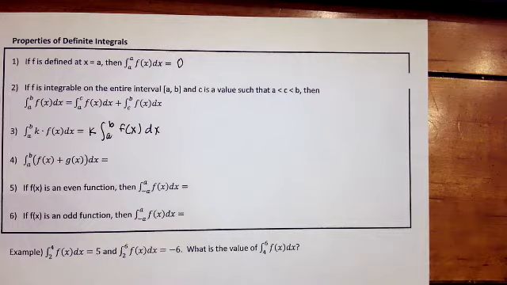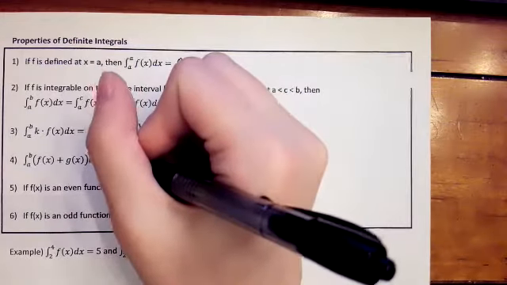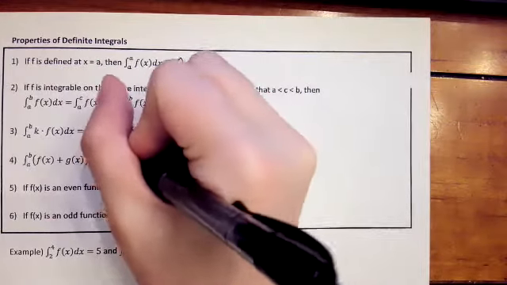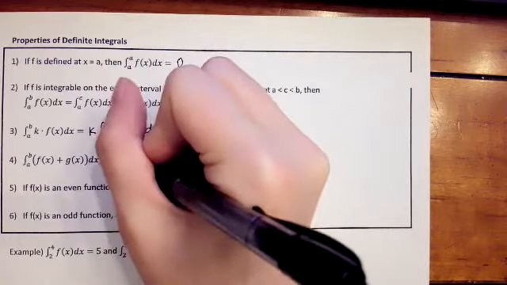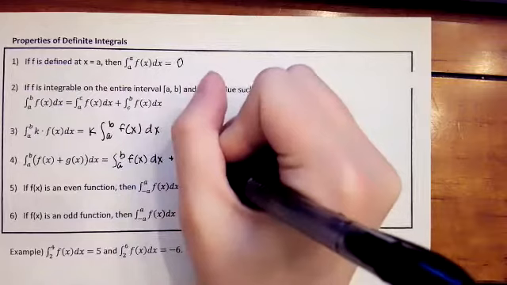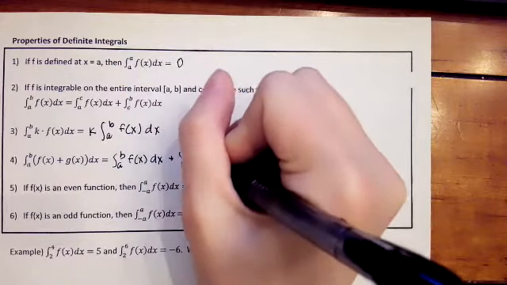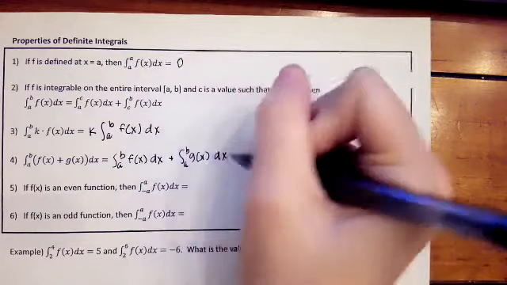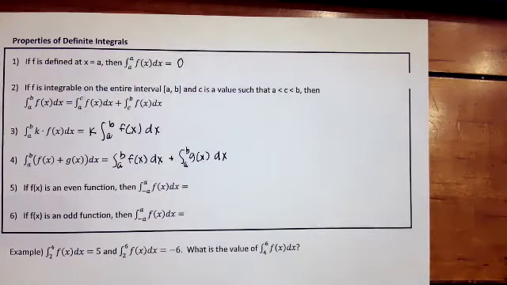We also talked about property 4 last time. If we have 2 functions, that means we can take the integral of them one at a time. So we remember we broke up polynomials and took the integral of each piece. The same thing can happen when we have limits of integration.